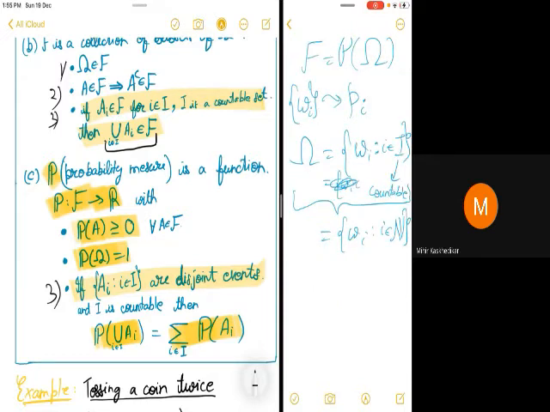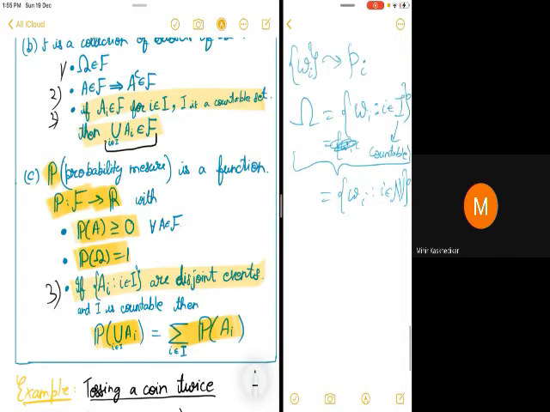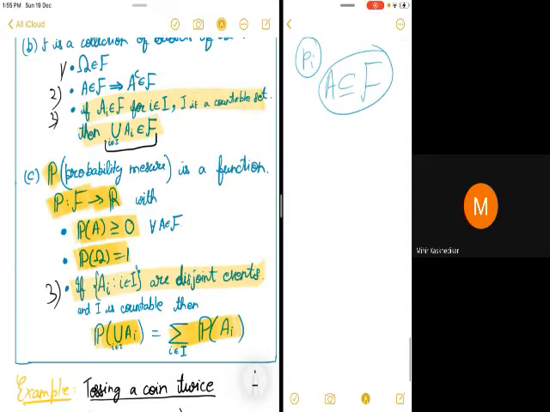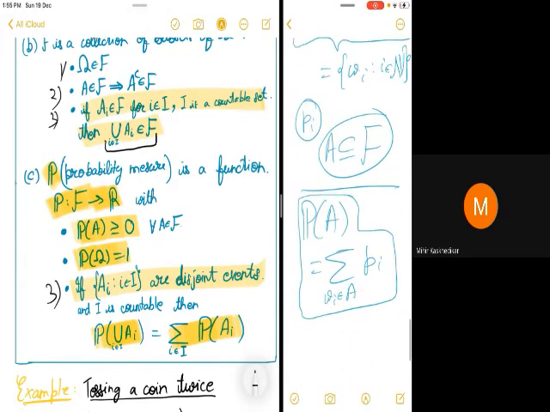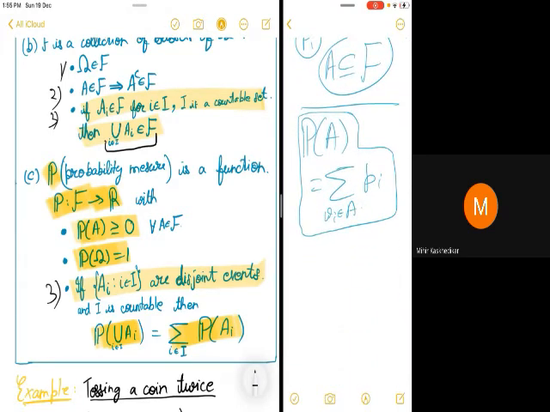But this is not important. The main thing is that suppose you have defined all the probabilities p_i on little omegas, then for any subset A of F, the probability of that subset A is the summation over p_i where omega_i belongs to A. So with these, the probability of each subset is determined, and moreover, the summation of p_i where i belongs to I, say, must be 1.